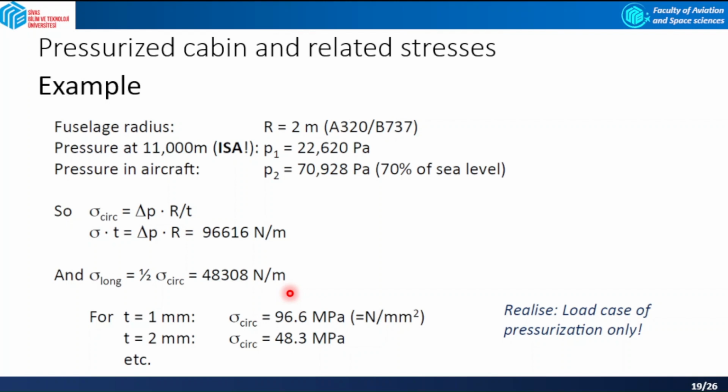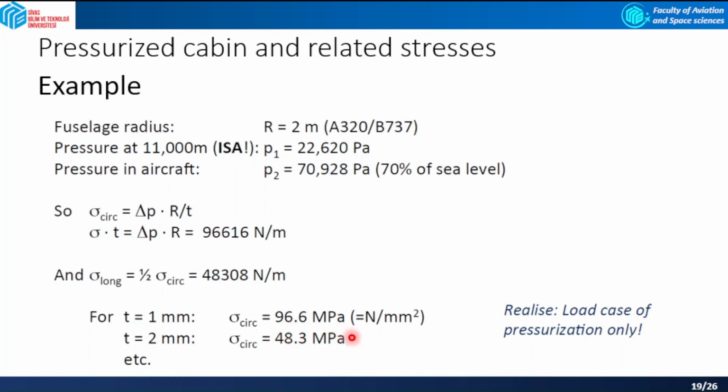For instance, with skin thickness of 1 millimeter, the hoop stress is nearly 100 meganewtons per meter, or 100 newtons per square millimeter, while with the thickness of 2 millimeters, it means that if you double the thickness, it will drop to nearly 50.